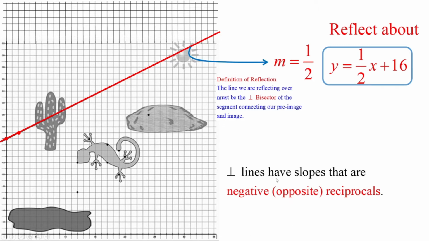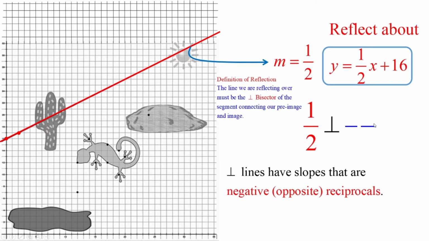Perpendicular lines have slopes that are negative, or what we call opposite reciprocals. So remember, this line had a slope of 1/2, and what is 1/2 perpendicular to? Well, negative or opposite means, if this slope is positive, then the slope of a perpendicular would have to be negative. And then we have our fraction.